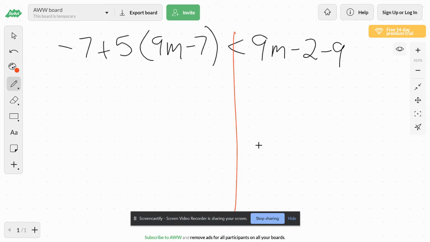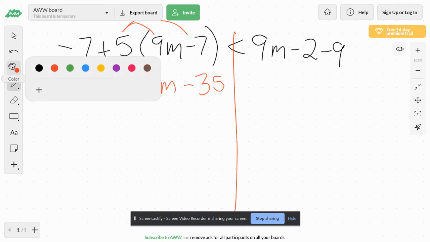Over here, I'm going to distribute the 5 to the 9m, which you get... no, not 35m, 45m. 5 to the negative 7 is negative 35. Bring down the negative 7.